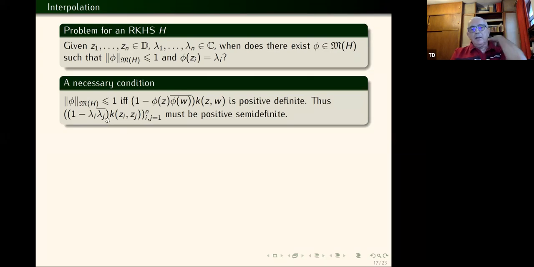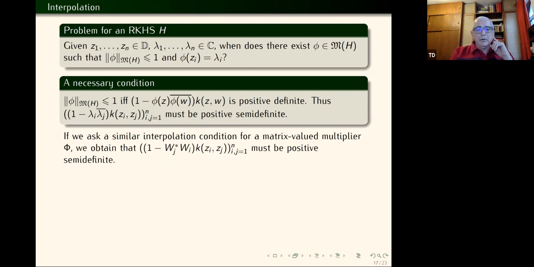It means that this matrix must be positive semi-definite, because this is precisely the matrix that I obtain if I take here phi of z_i is lambda_i. Of course, we can extend this to a matrix-valued multiplier, and we obtain that the similar condition is that this must be positive semi-definite.